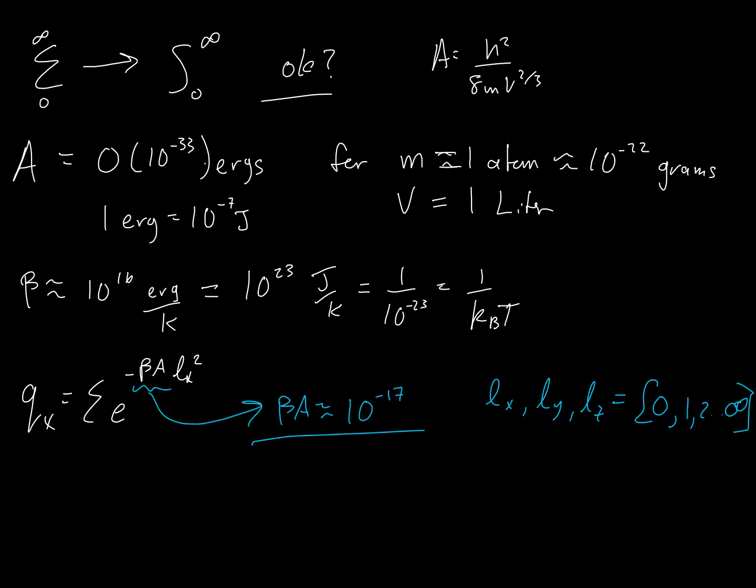I would have to go, let's see. I may have to take this one offline. I might not be able to rework it out in my head right here. So beta's 10 to the 16.